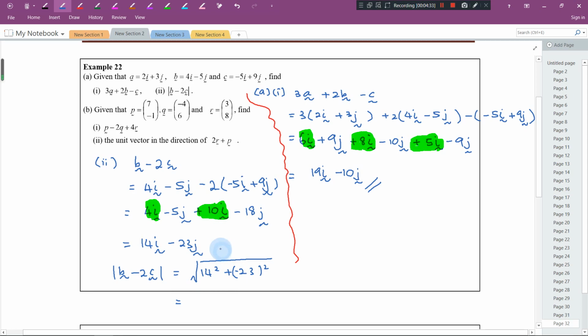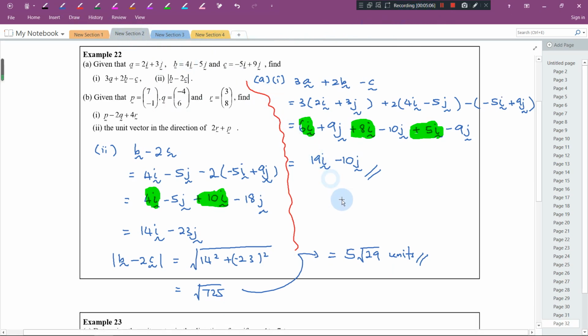Then just press your calculator. 14 squared plus negative 23 squared. Okay, so it's equal to square root of 725, and this is equal to 5 times square root of 29. So this is the answer for part 2.